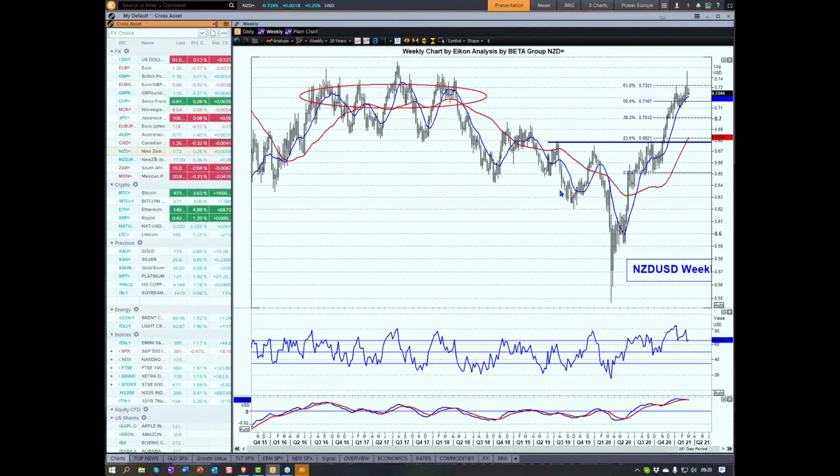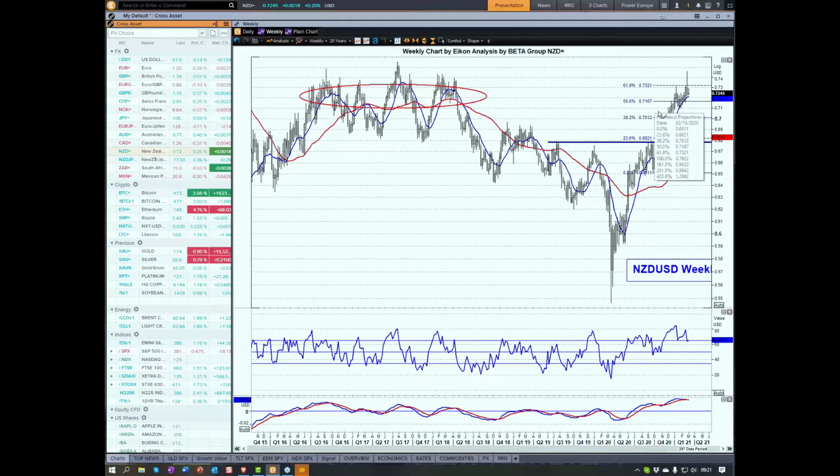For anybody who traded between the end of 2016 and 2018, it traded in this comparatively narrow range here. An awful lot of buying and selling took place at very similar prices, and we've moved all the way back up there. That is a very, very significant resistance level.